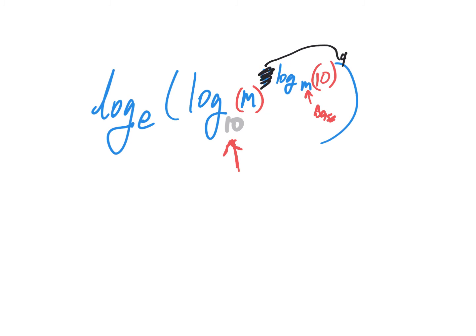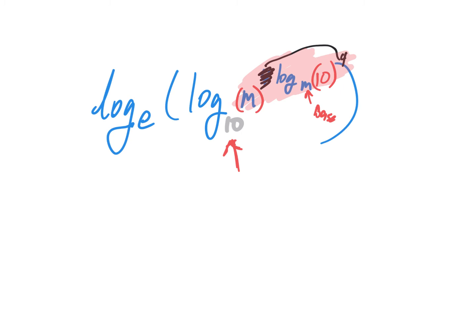And now, does anybody see something? I see something. Jacob? Because the argument in log base 10 of the m and the base in log m, or log base m of 10 is the same. So the bases are the same over here, so what's going to happen to all of this pink stuff? What does it equal?